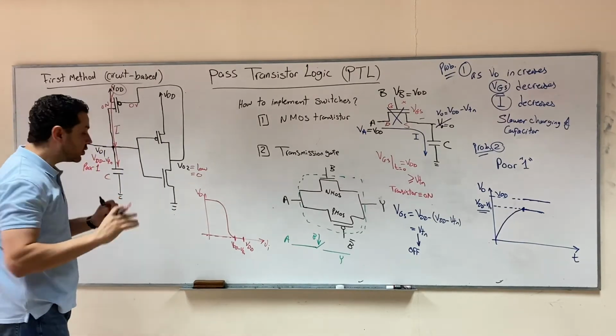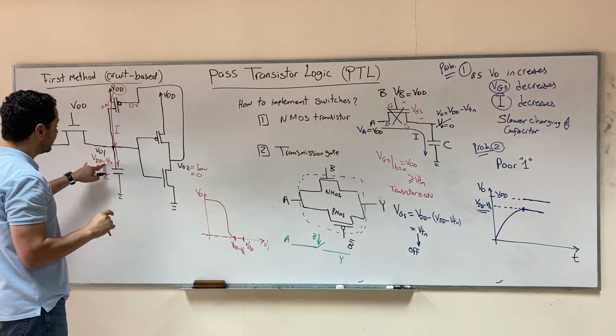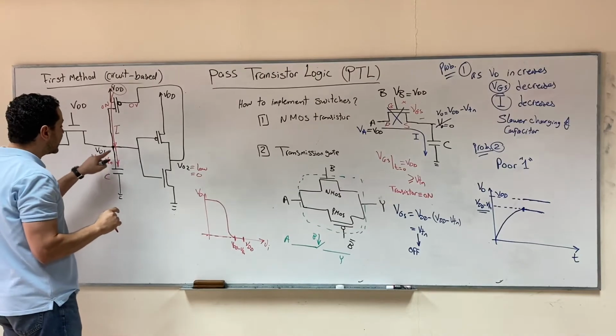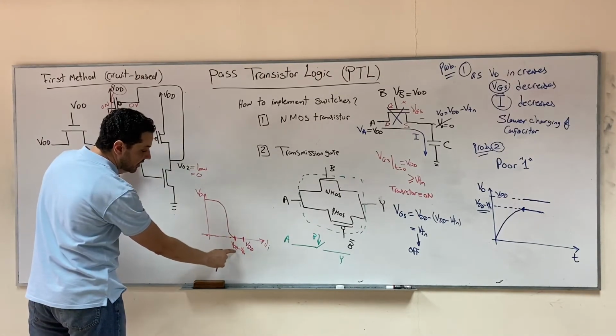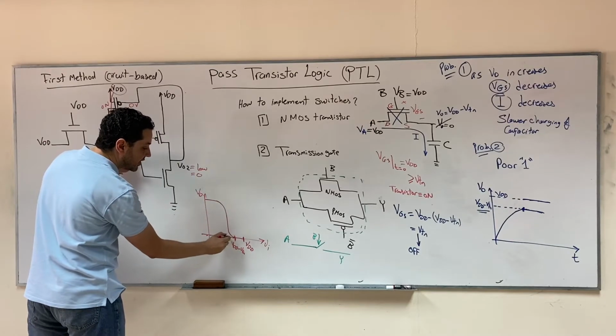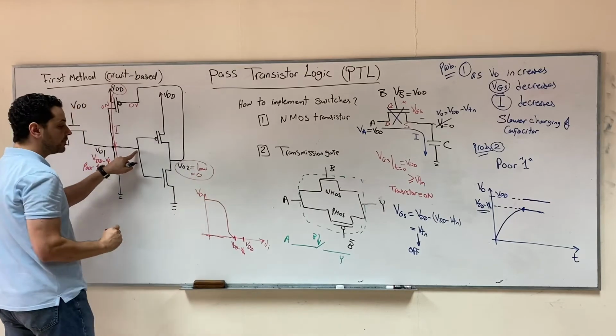Again, assume that in the beginning we have a poor one problem, VDD minus V threshold. It will go as an input to the CMOS inverter, but still it will give you a low output.